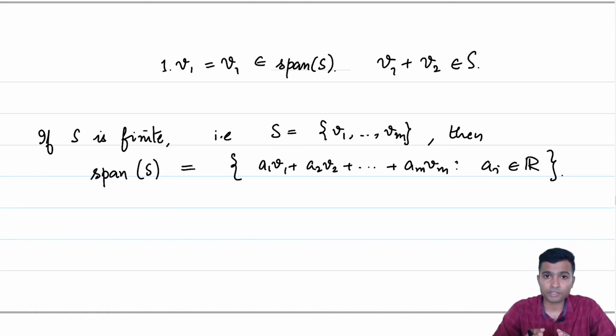I use a different letter m to denote that it is fixed. So if S is finite, then the span will consist of linear combinations of all the vectors in S.